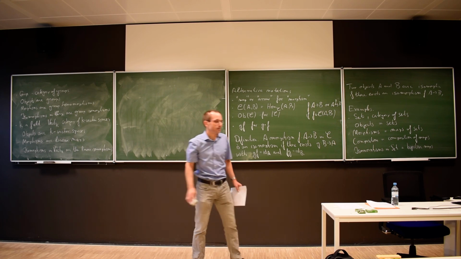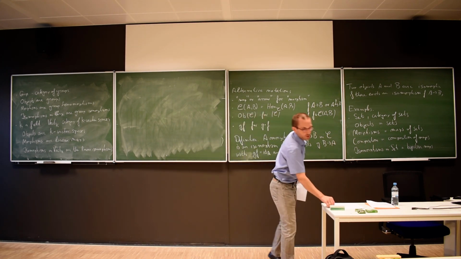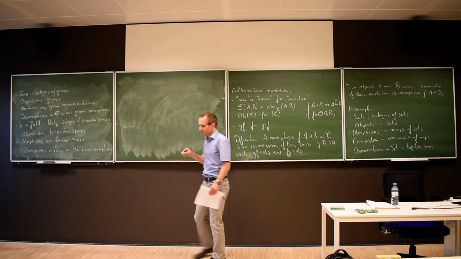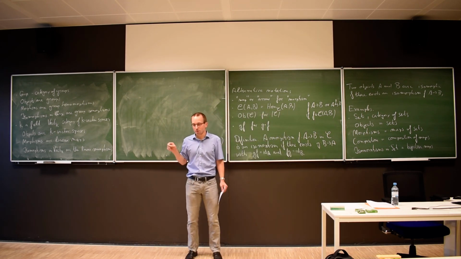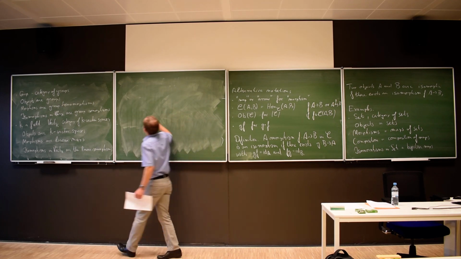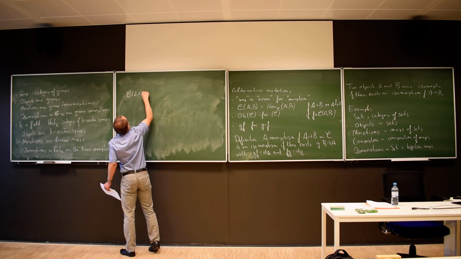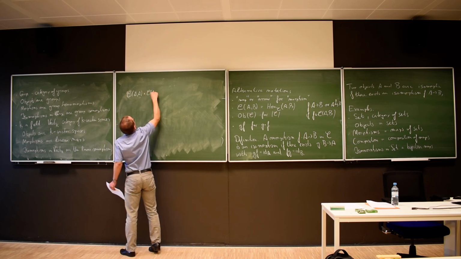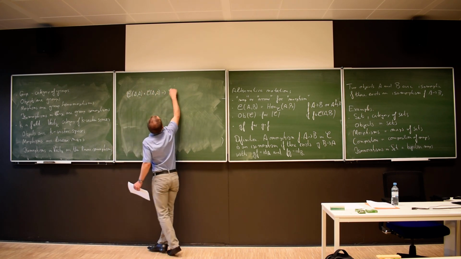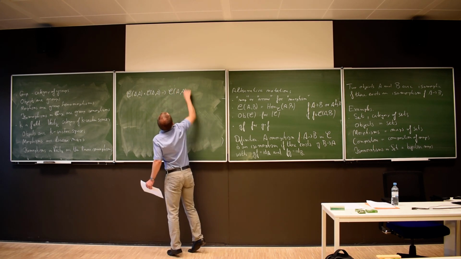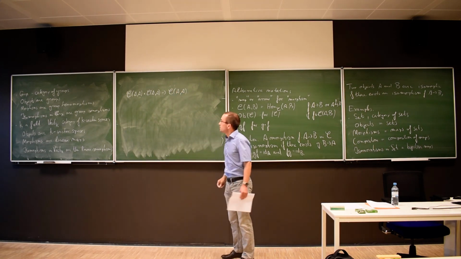If you just consider the composition law in a category, let's do it like this. If you consider the composition law just for one single object, then it becomes a function of this type.